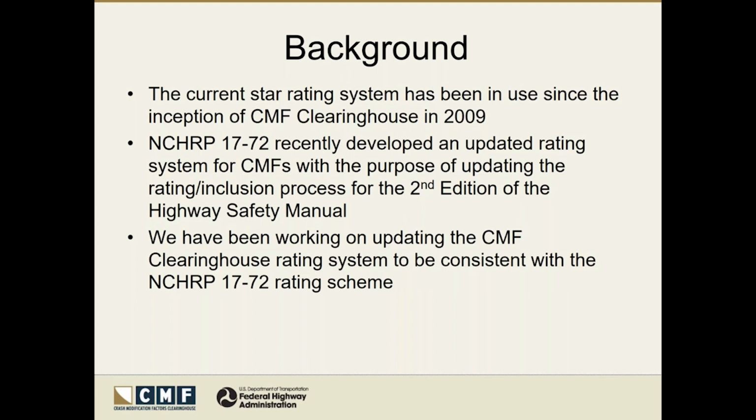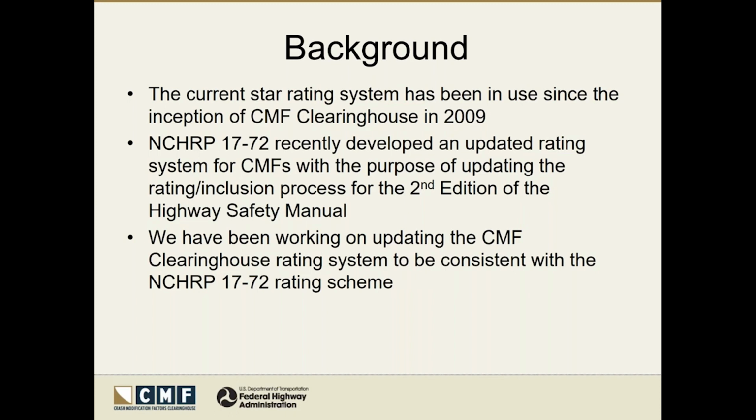Now, in the meantime, we've been evaluating the performance of this rating system, and as a result of that, an NCHRP study was initiated, NCHRP 1772, that examined the rating system that was in place from the clearinghouse's inception up through 2018 or so.